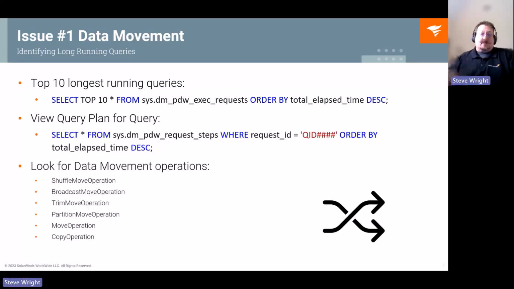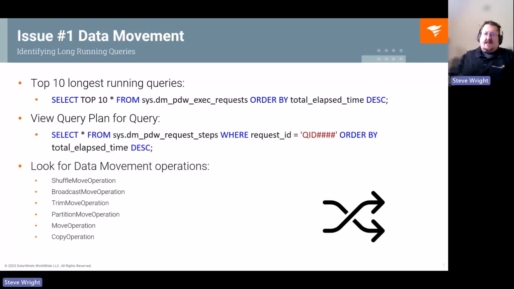Start by doing a select top 10 and order by total elapsed time. See what are my 10 longest queries that have run on this dedicated SQL pool. Whenever you're looking for query optimization, that's as good a way as any to get started: find out what's running long and whether there is any opportunity for optimization here.